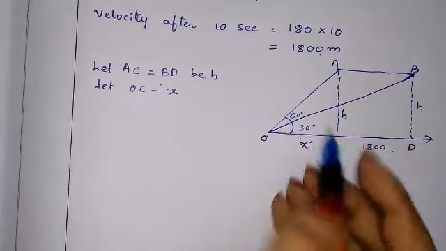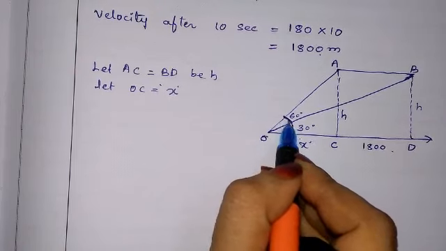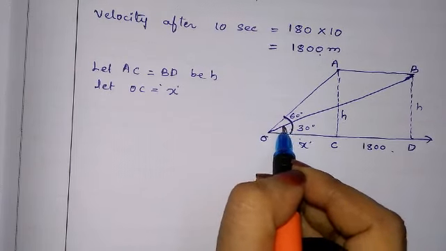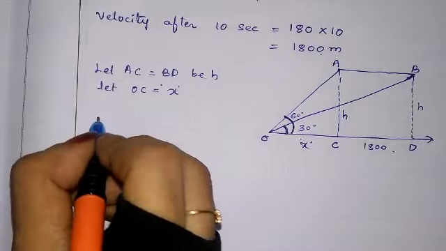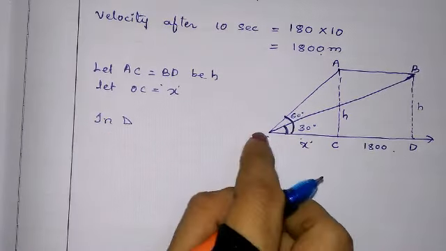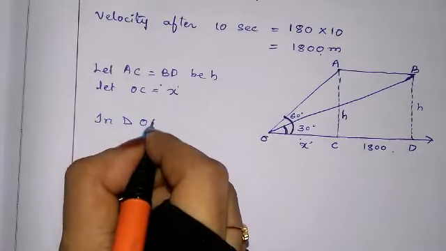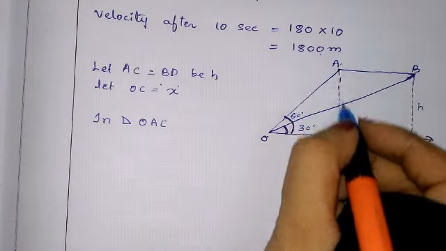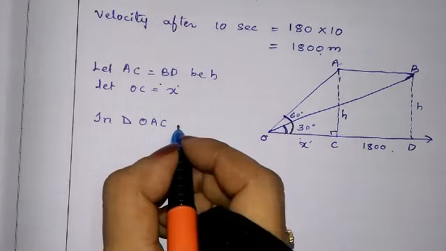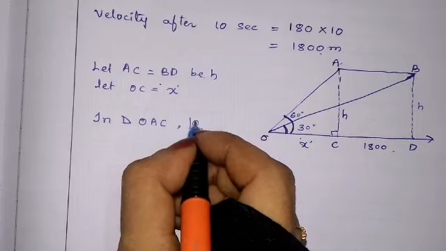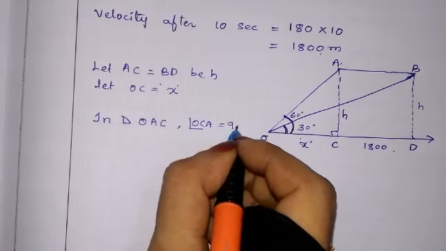Let us focus on the triangle. This full angle is 60 degrees and this angle is 30 degrees. Okay. In triangle OAC, we have to always see only the right angle. OCA is 90 degrees.